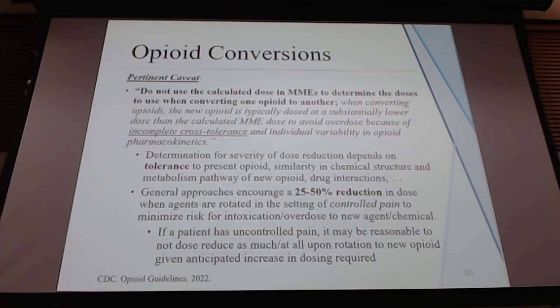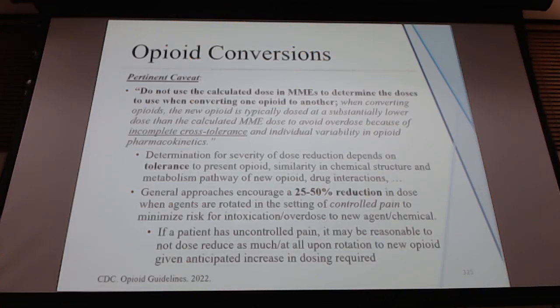If someone has uncontrolled pain on the first drug that they're on, so this is that last bullet there. If they have uncontrolled pain and they're tolerant to one opioid, traditionally if you kept them on that opioid, what would you be doing? If they were tolerant on oxy and their pain was uncontrolled, you would do what with the oxy?